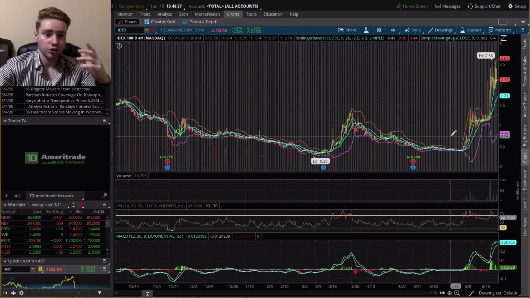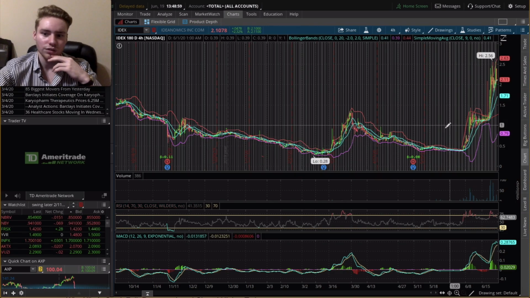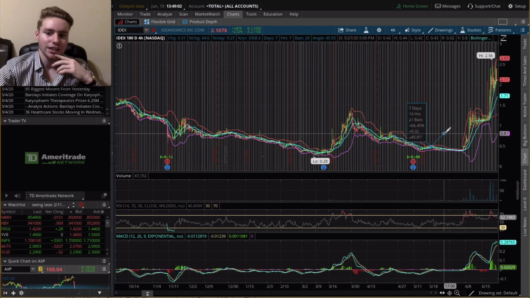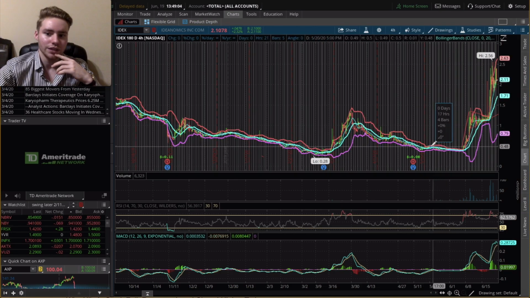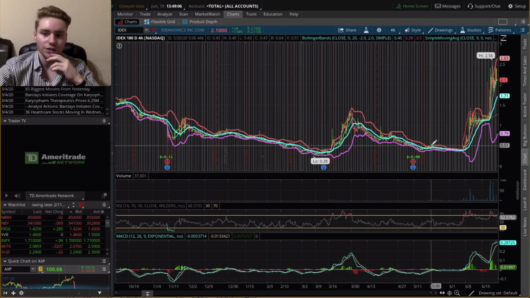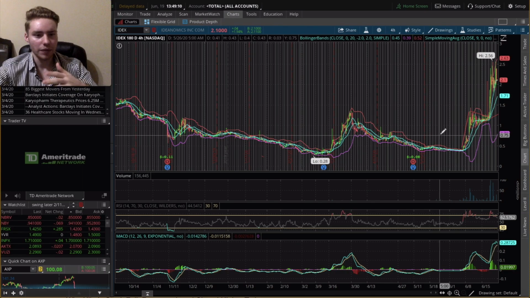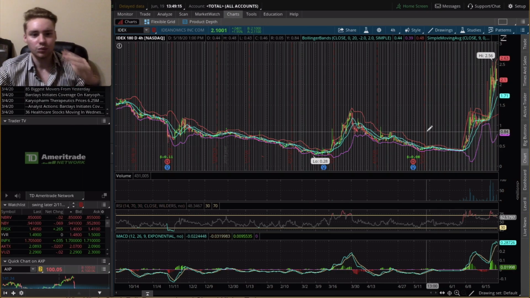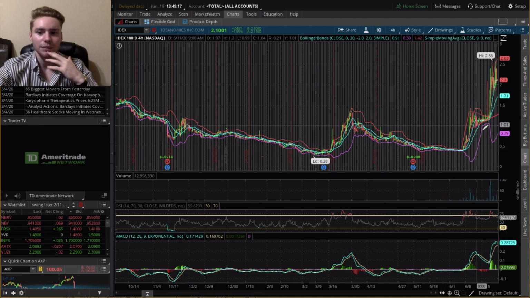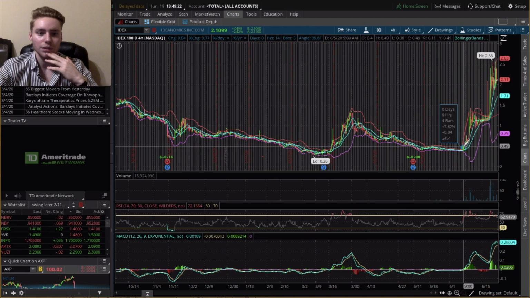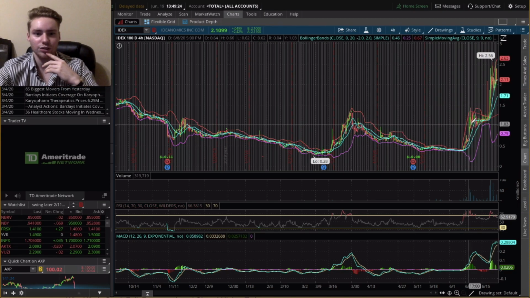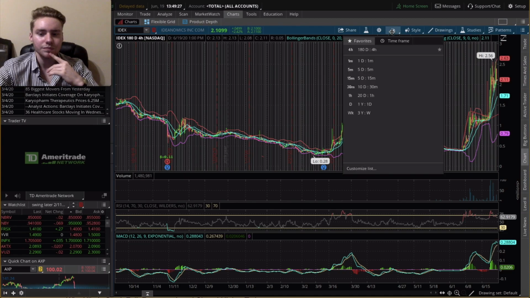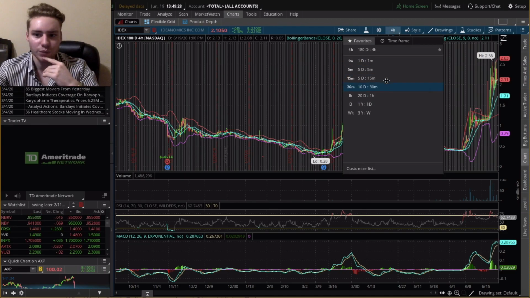A symmetrical triangle would have much more of a steady climb up instead of a rocket ship up, with many more pullbacks throughout the way, many more hitches within the price action. It comes down a little bit and goes back up. As you can see here with this pennant, it's a very sharp rise up before it forms the actual pennant. So that's a basic overview of what it looks like.